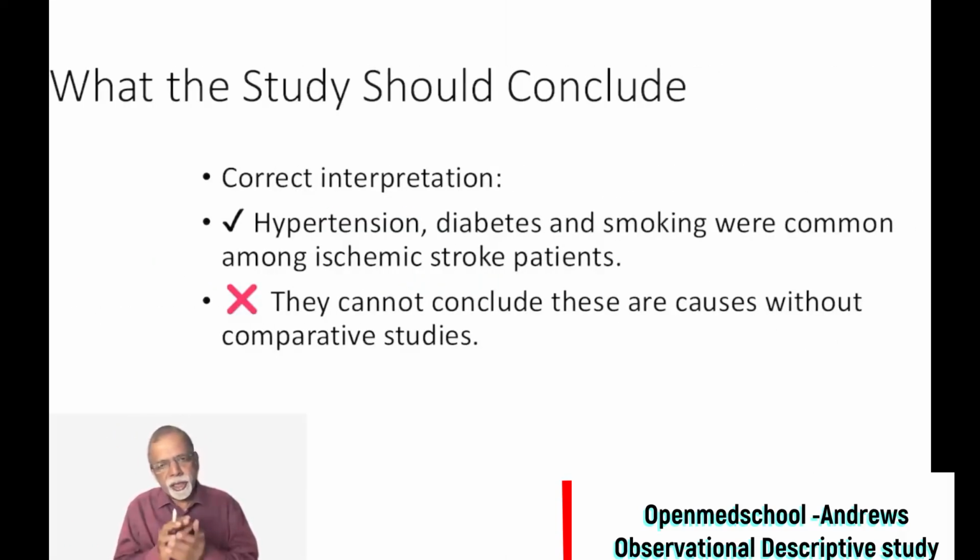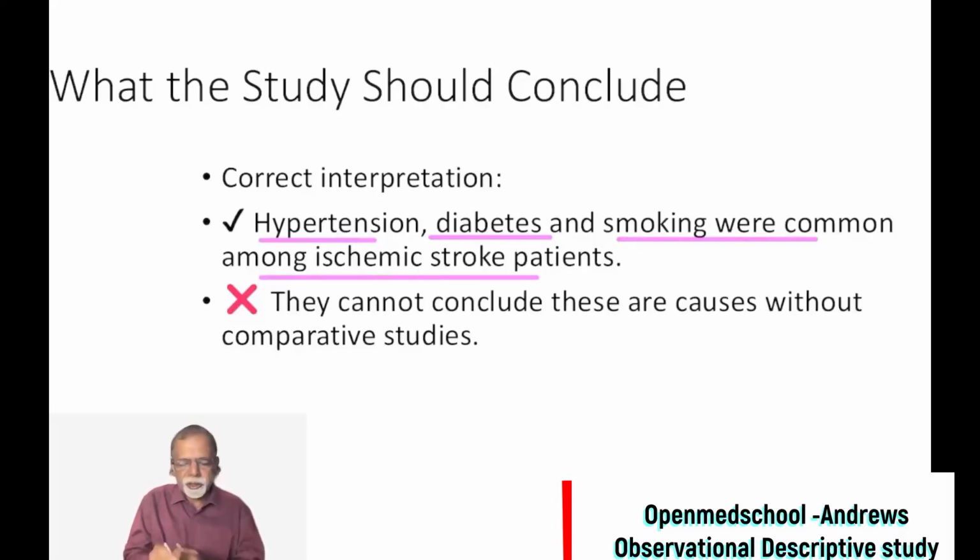So what should this study conclude? Hypertension, diabetes, and smoking were common among ischemic stroke patients. As per the study, they cannot conclude that these are causes without a comparative study.